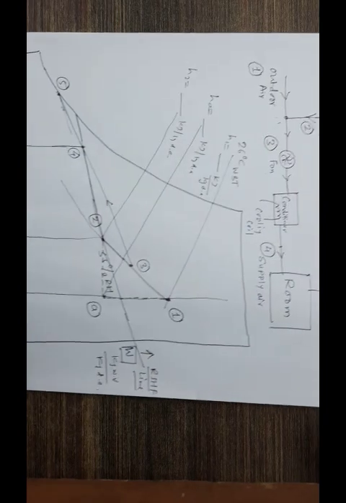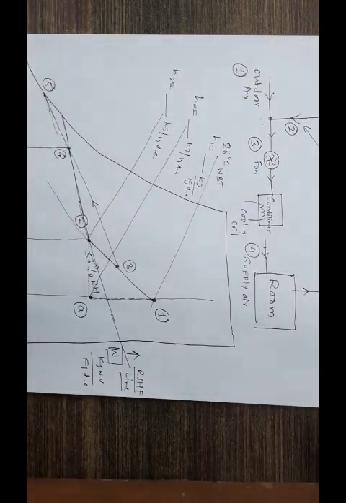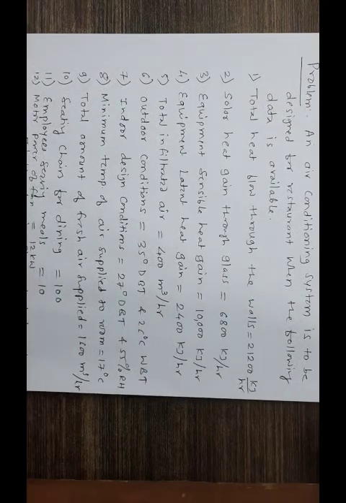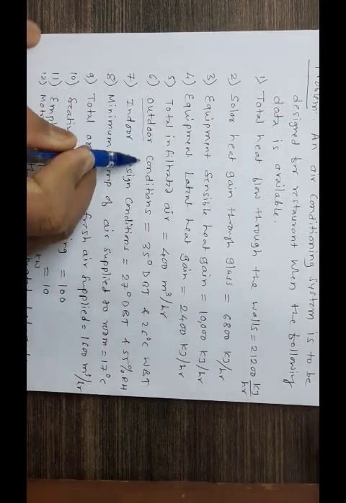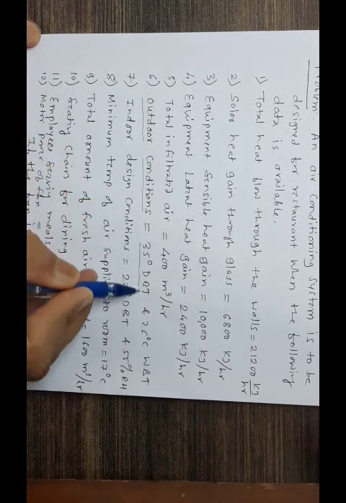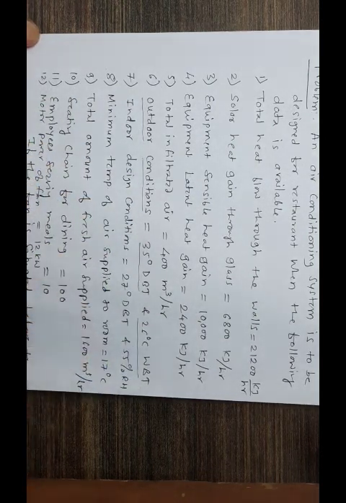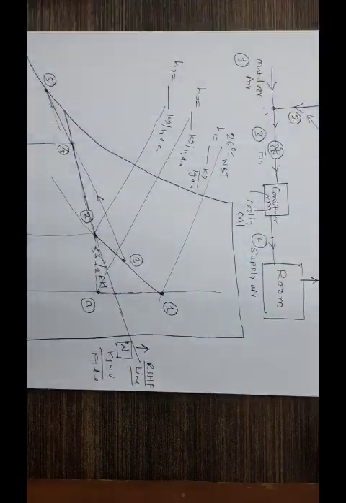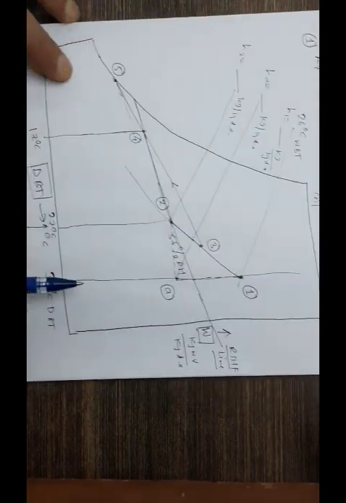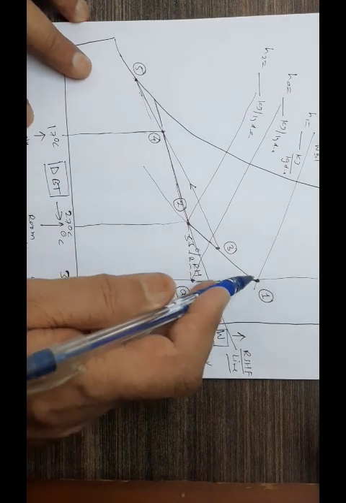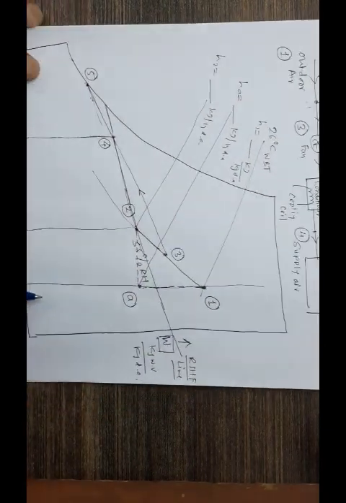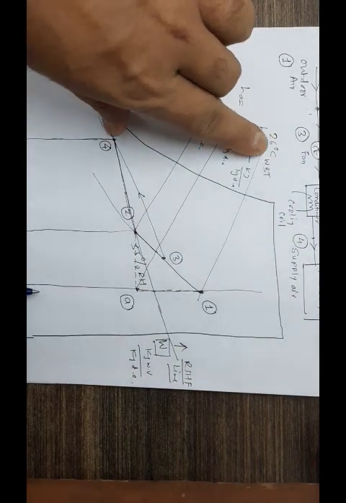Now the first point, outdoor air. Let me go back to this particular page and see what the conditions for outdoor are. Outdoor conditions are given as 35 degrees Celsius DBT and 26 degrees Celsius WBT. So definitely we can plot this particular point. I have 35 degrees Celsius DBT, we can take that along this line, and I have 26 degrees Celsius as WBT.